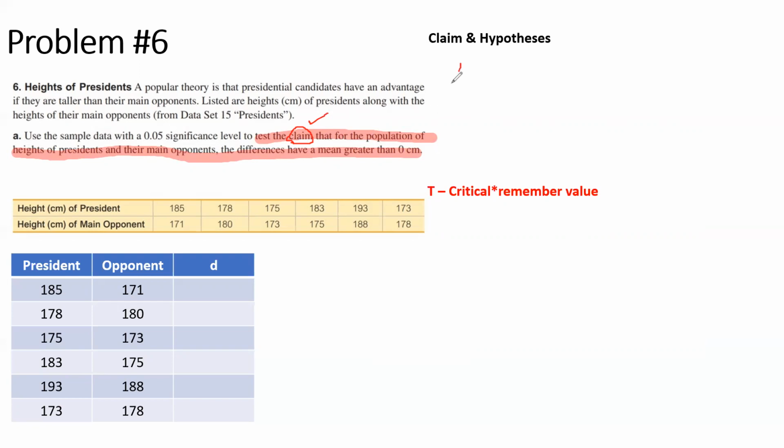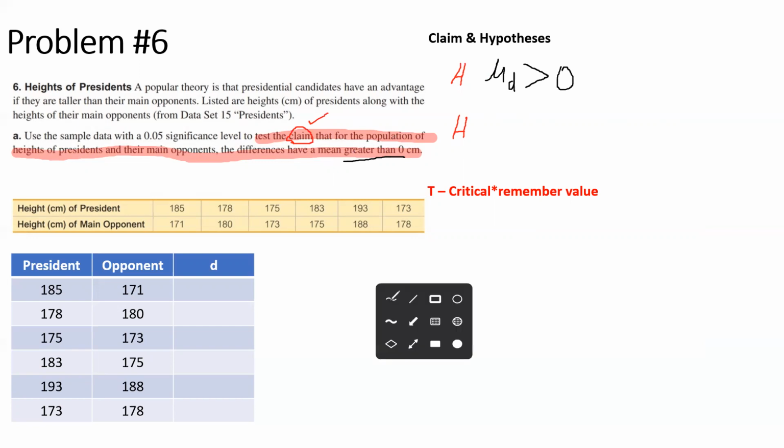Now, what are the hypotheses? The claim is mu is greater than 0. Consistent with that, greater than 0. Oh, I'm messing up. Hold on. Okay, now I'm back.